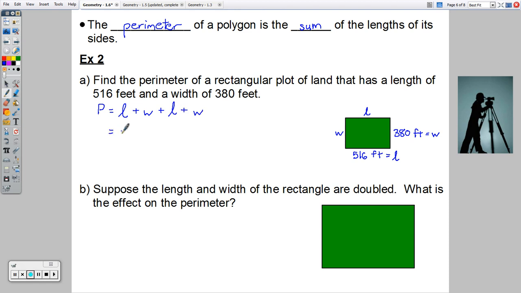You've probably seen this shortcut formula before sometime, or if not, it's pretty easy to figure out where that comes from. If you want to use this for rectangles as a shortcut formula, feel totally free to do that. So this is a shortcut formula for the perimeter of rectangles.